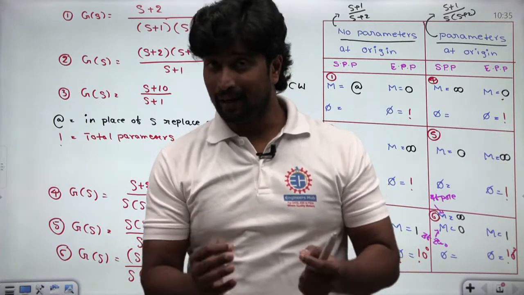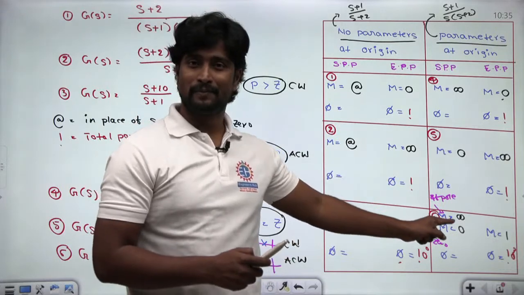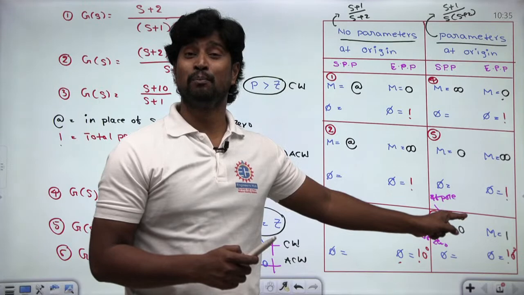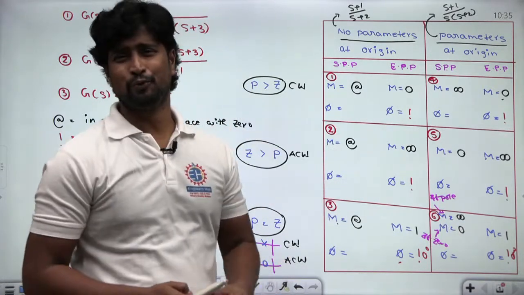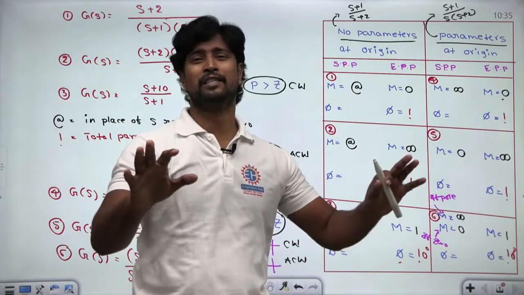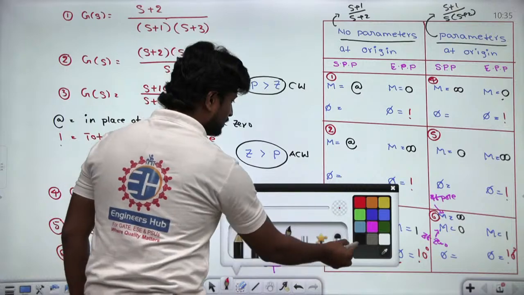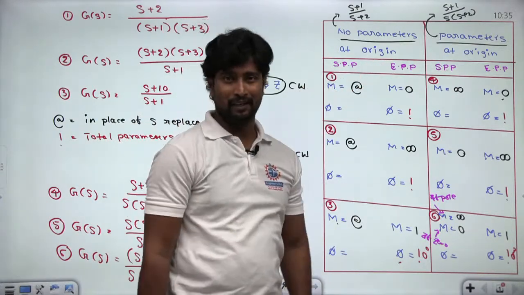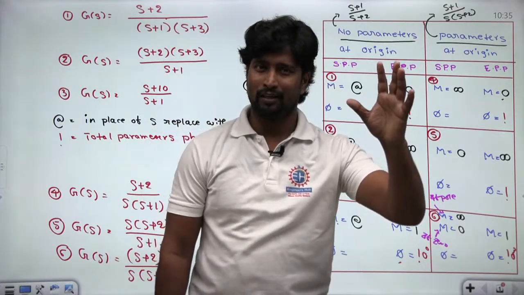Are you clear? Now we'll move to the initial phase, that means the starting point phase of the plot. Are you clear how to get that one? That is also very easy, guys. Carefully listen. If no parameters are at the origin, no more talk.